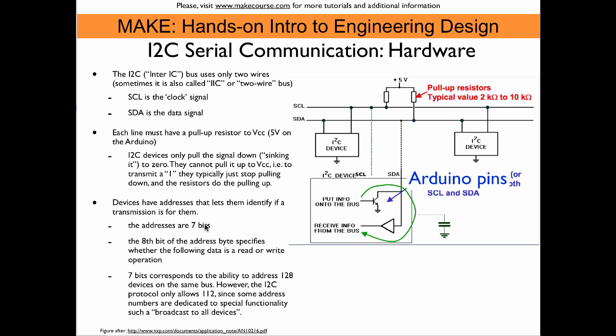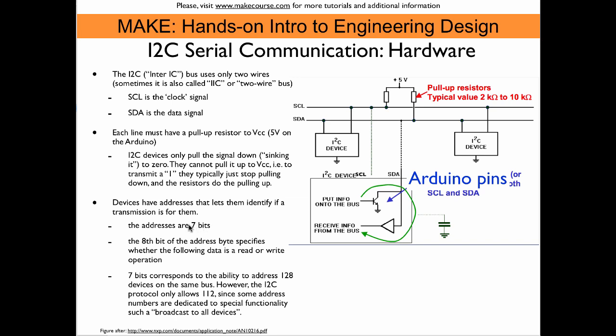That would enable, in theory, connecting 128 devices to the bus. However, a few of these addresses are reserved for special kinds of commands. A particular example is a command that would broadcast to all devices. So you could tell all devices something at the same time, and they would all listen.